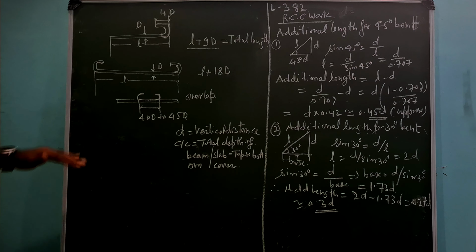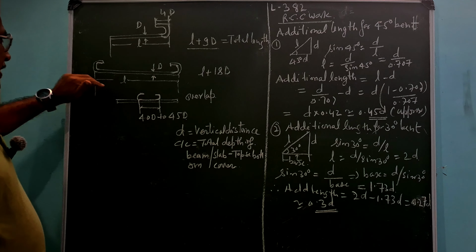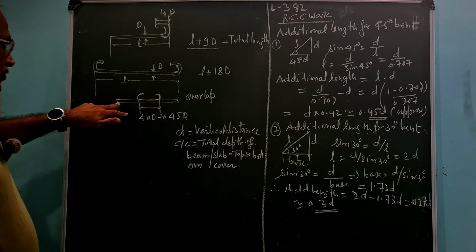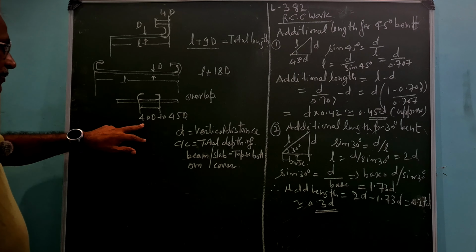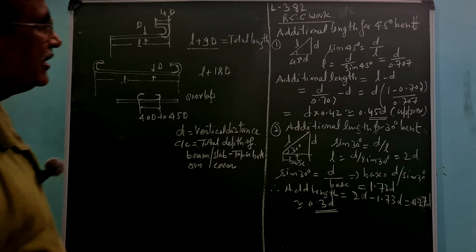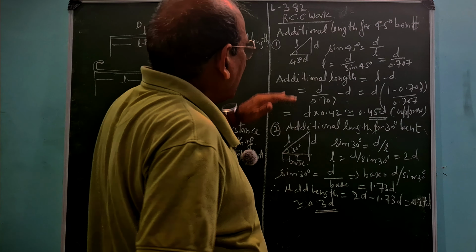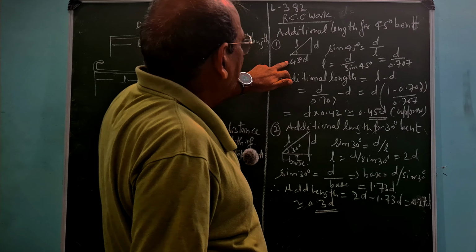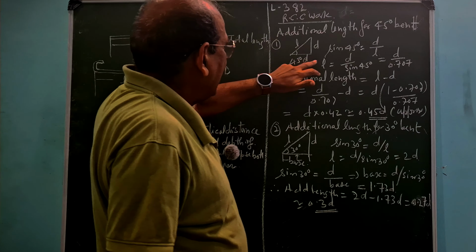Now if you take the bar bent up on both sides, then it is L plus 18D. This L you will calculate, and the overlap can be taken as 45D to 48D. If you bend the bar alternately, or bend both sides, that is a bent-up bar.